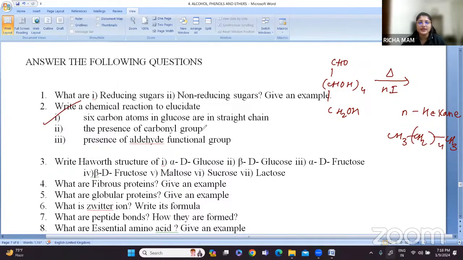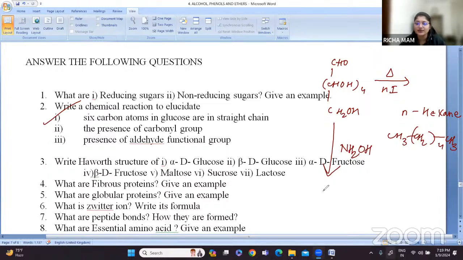Next is the presence of carbonyl group. The presence of carbonyl group can be shown by reacting it with hydroxylamine.